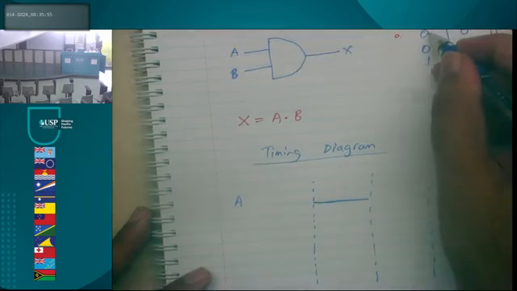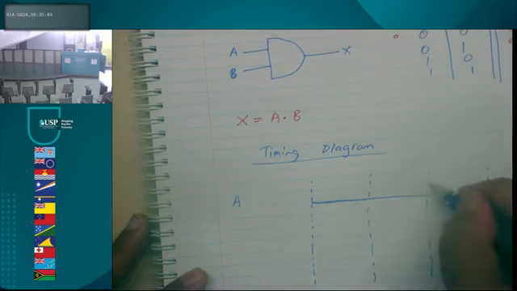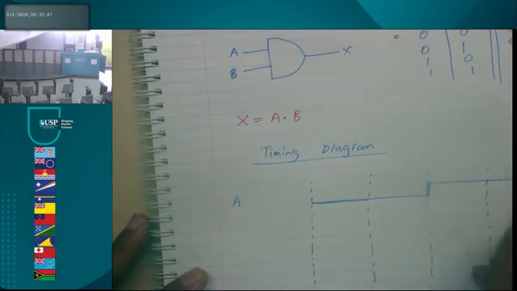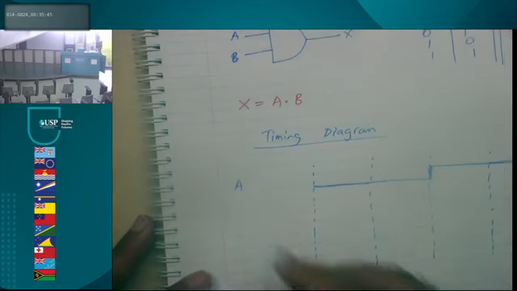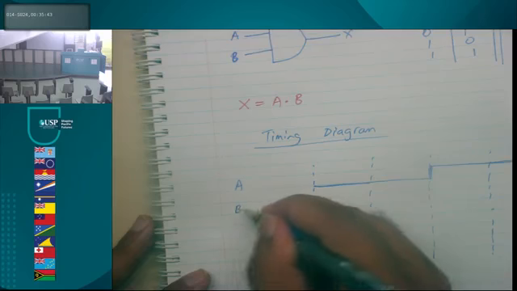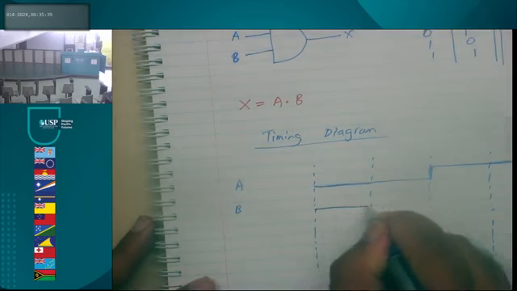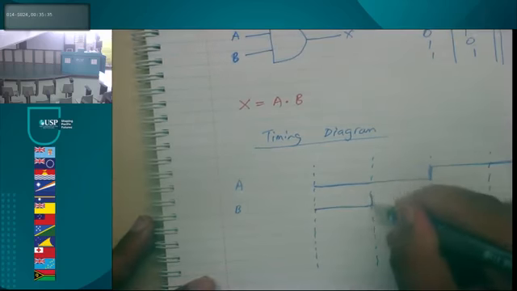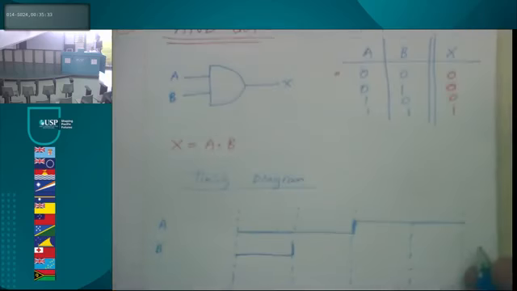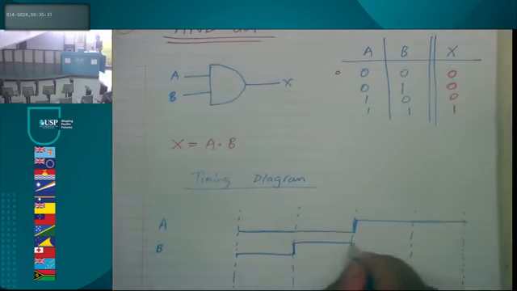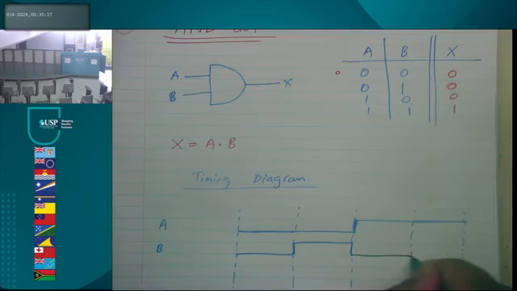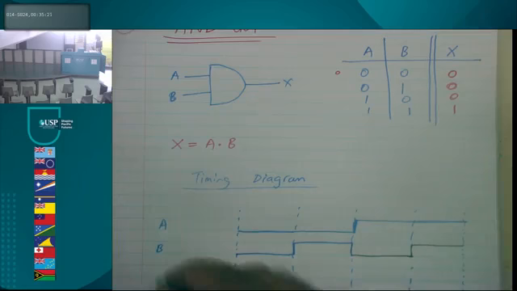A, let's look at this A. A does 0, 0, 1, 1. B will be 0, 1, 0, 1. Look at the truth table as well.